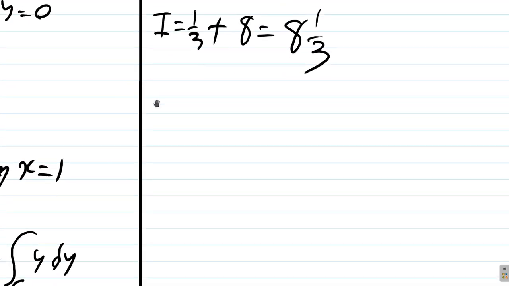So part A gives 9.4, which is 9 and 2/5. So A gives 9 and 2/5, and B gives 8 and 1/3.